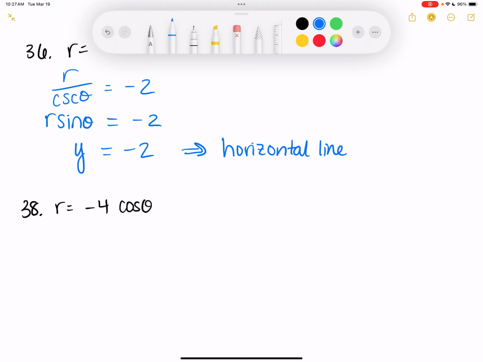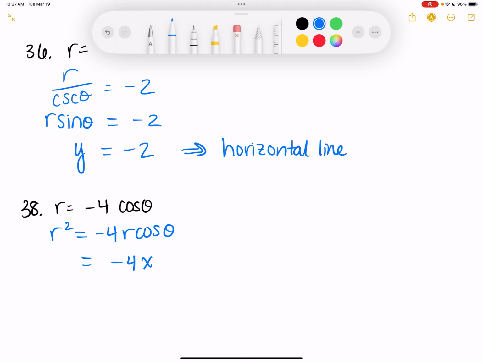So that I get r squared is equal to negative 4r cosine theta. Does that potentially give me something that I know what it is? Because what's r cosine theta? X. So this would be negative 4 times x on this side.